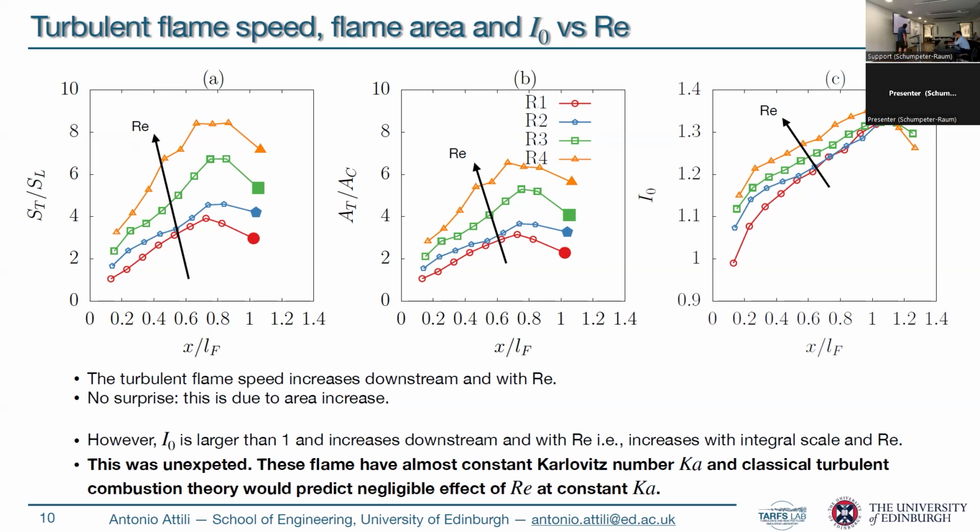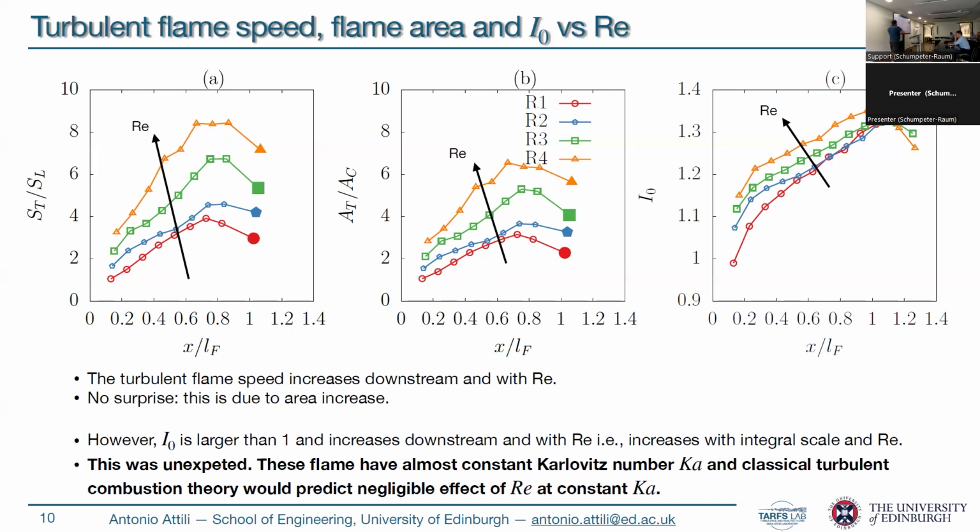However, if you look at this I naught there, which is this stretch factor, the lack of proportionality between these two, if you want, you see that this thing increases with Reynolds number. Now, these flames have been designed such that they have the same Karlovitz number. If you take any book in combustion, most likely you will see a sentence that this thing shouldn't depend on the Reynolds number if the Karlovitz number is fixed.